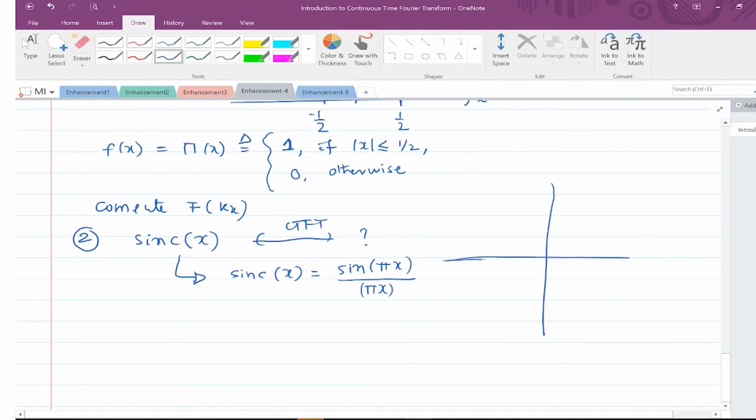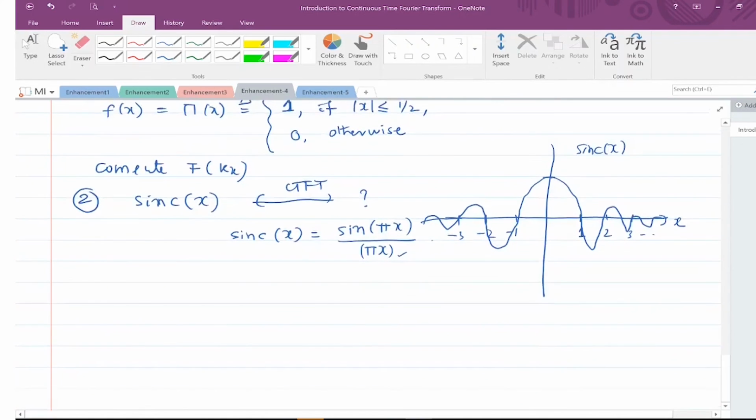For a quick reference, the value at x equal to 0 is 1. This is going to become 0 at 1, 2, 3 and so on. Then the magnitude will be decaying as you move on. The left hand side is anyway symmetric. Only at integer values it is going to become 0. This is how the sinc of x would look like. So please find out what is the CTFT of sinc of x.